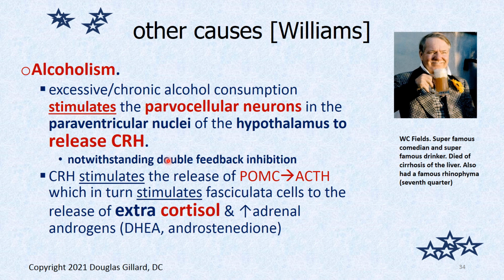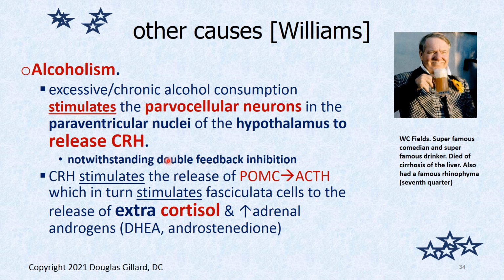Another cause is alcoholism. Some alcoholics use alcohol in excess, and I'm talking about probably a case a day, and there are plenty of people in the country who, believe it or not, drink that much beer a day. Some people drink tons of beer. They're not going to live very long, but they do. That much alcohol will stimulate parvocellular neurons to do their thing, and that's release CRH.